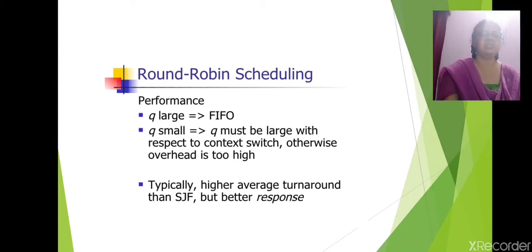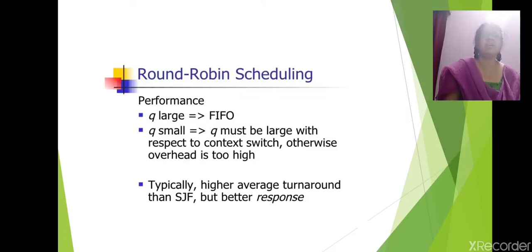Now this is something about the performance of RR scheduling. If q is large, it follows FIFO. Also, we can say that the performance of RR algorithm depends heavily on the size of the time quantum. At one extreme, if the time quantum is extremely large, RR policy is the same as the FCFS policy.